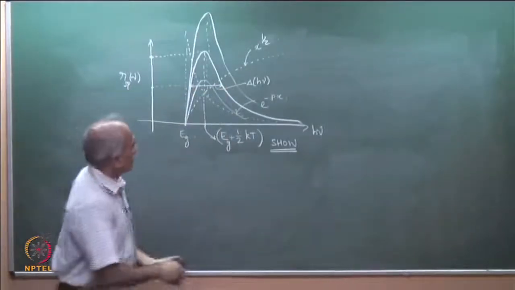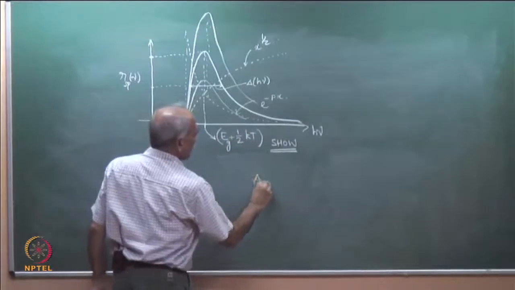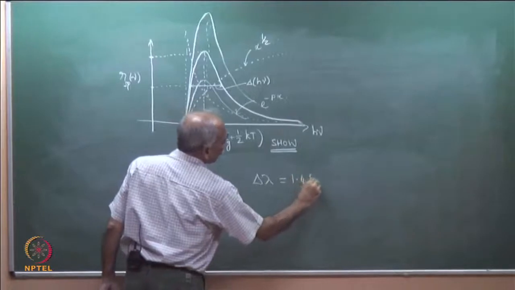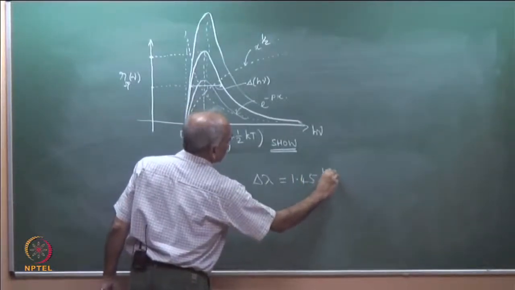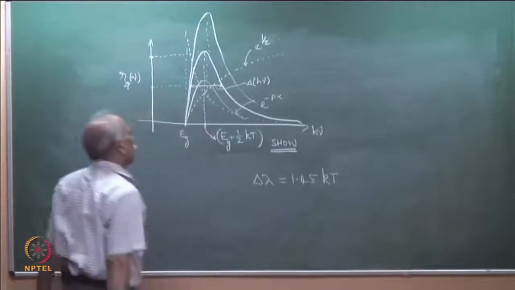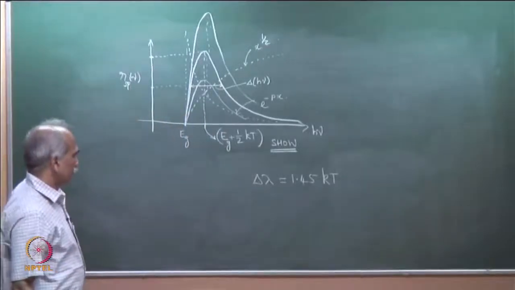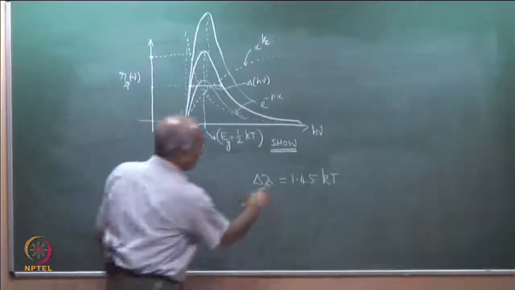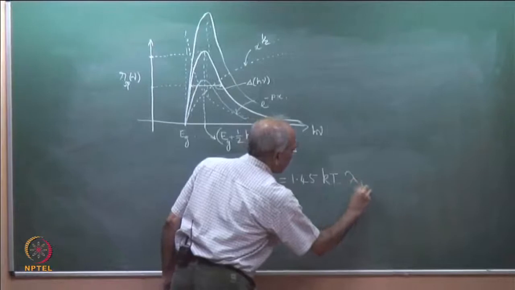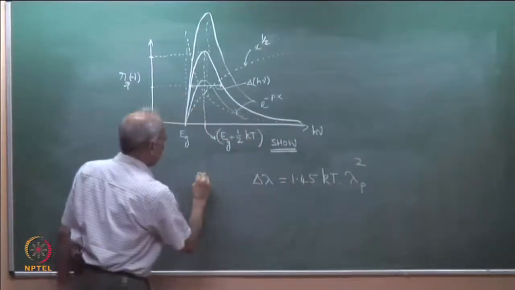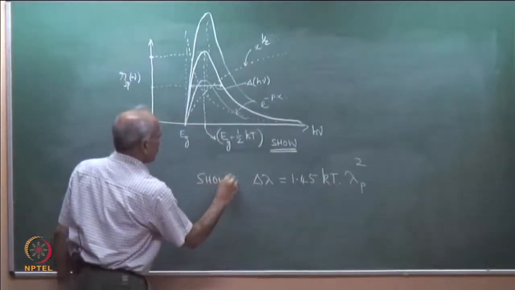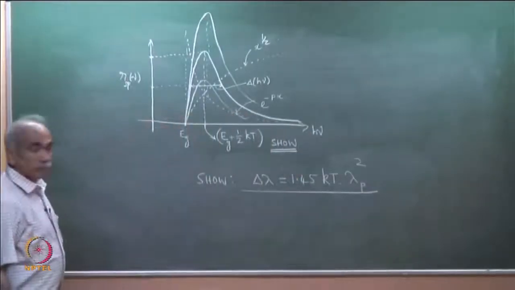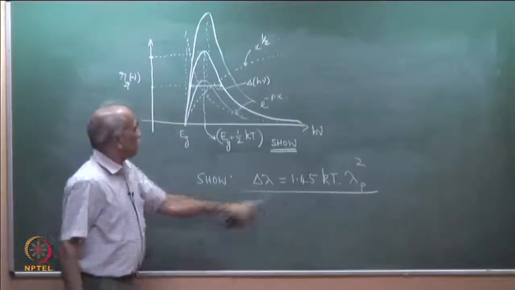So, you can show that in terms of lambda, delta lambda comes out to be, I think, 1.45 into kT multiplied by lambda p square. So, two exercises, please work this out.